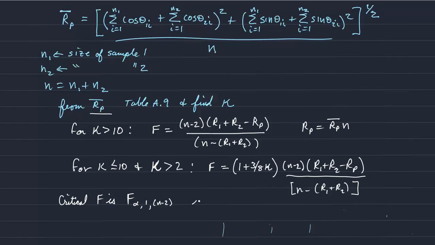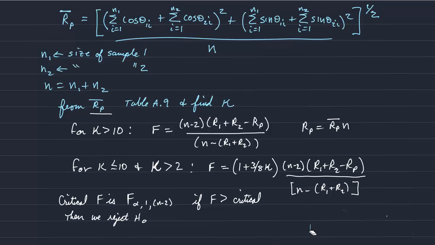And if F is greater than the critical value, then we can reject our null hypothesis. Again, the null hypothesis was that our samples had equivalent means.